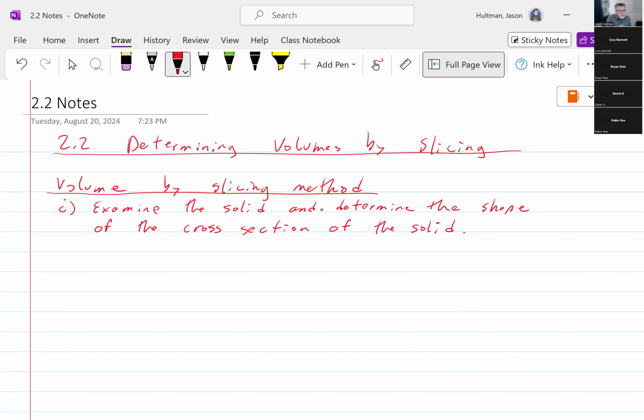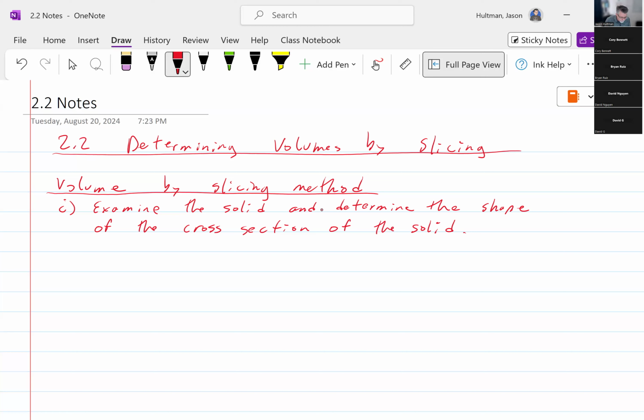Okay, what would the cross section be if you slice this down through the vertical, or horizontal? What does the cross section look like? Is it a triangle? Is it a square? Is it a circle? A rectangle? Well, I haven't put up the picture yet.